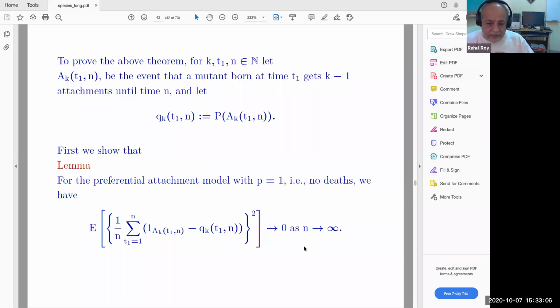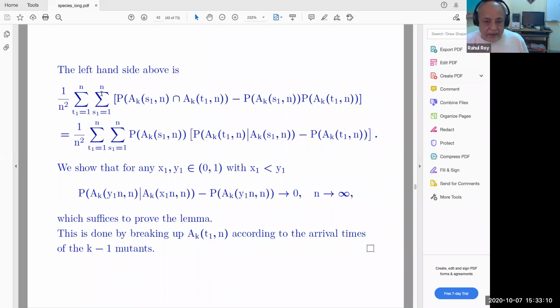If you look at the left-hand side, you can expand it out, and it becomes the summation over t_i from 1 to n and s_i from 1 to n, because there is a square term, of the probability of A_k(s_i,n) intersection A_k(t_i,n) minus the product of these two, because we're looking at the variance.